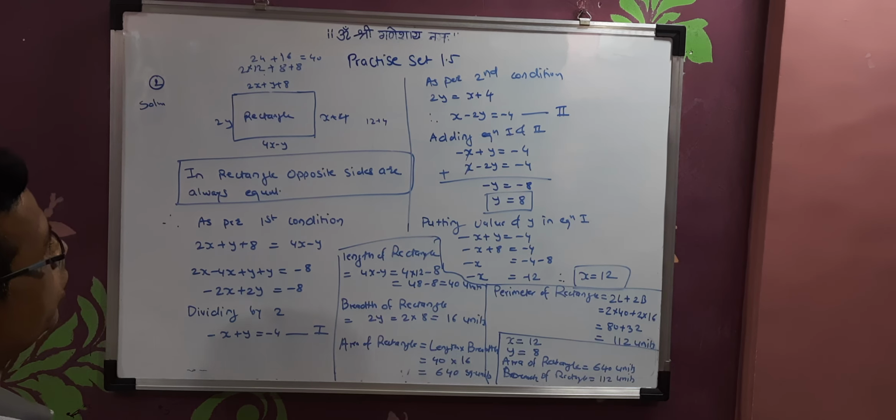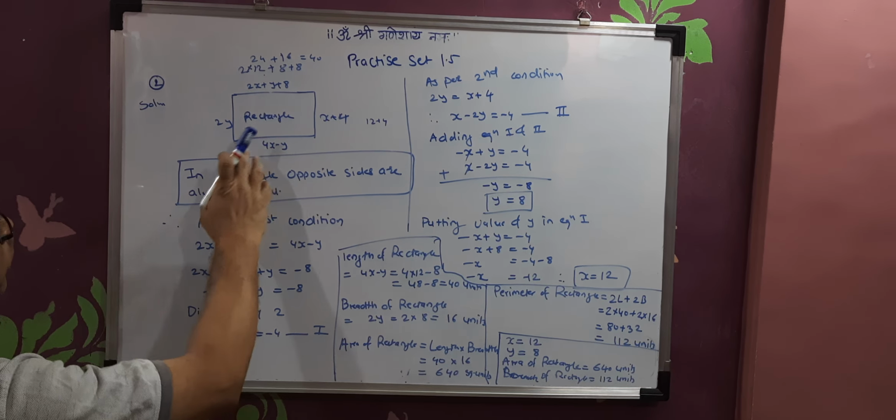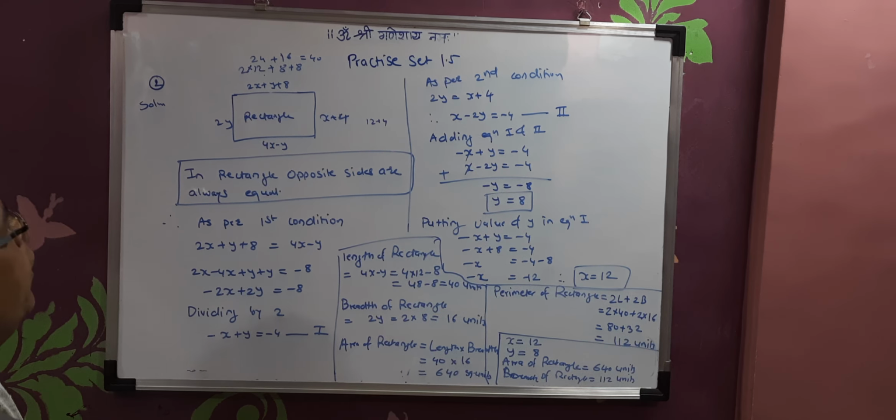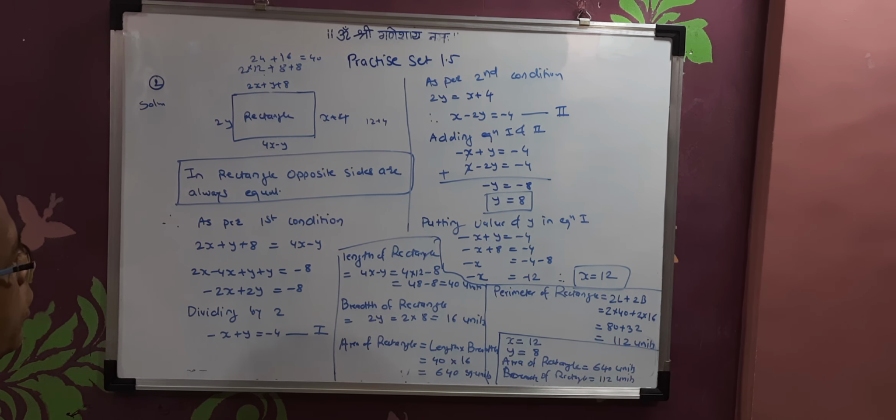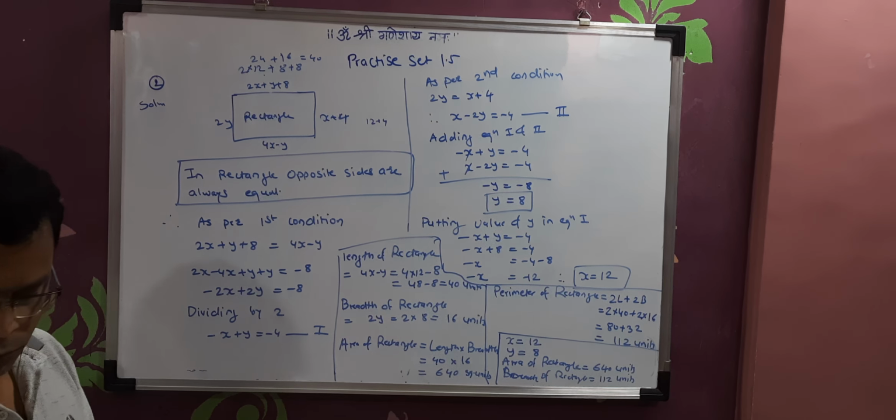So hope you have understood this problem. It's a simple problem. If you know how to calculate the area and perimeter of the rectangle, and you understand one thing, that in a rectangle opposite sides are always equal, based on this we can solve all these problems.